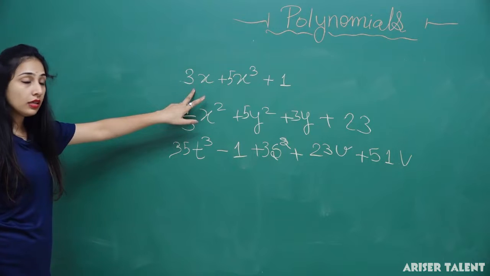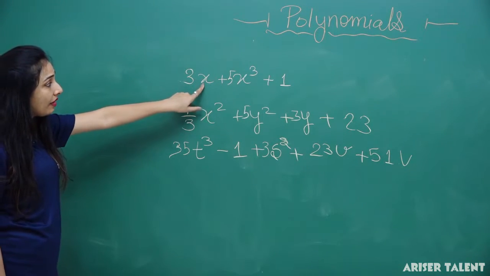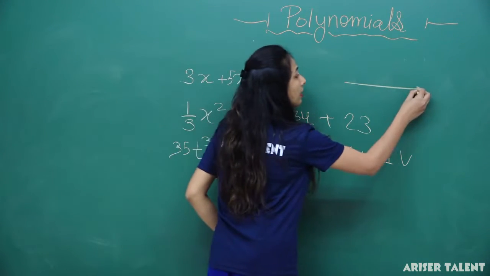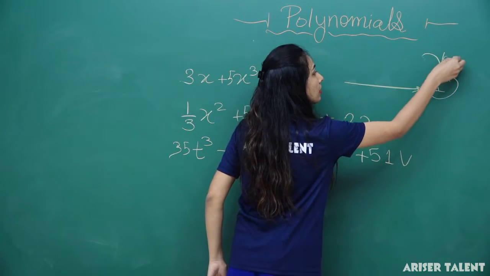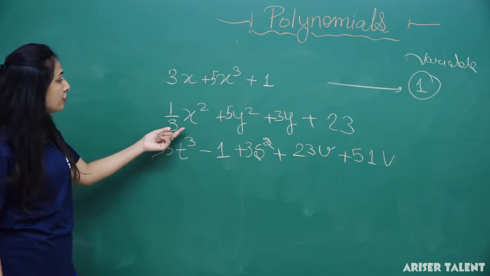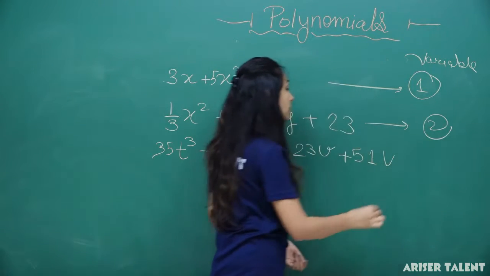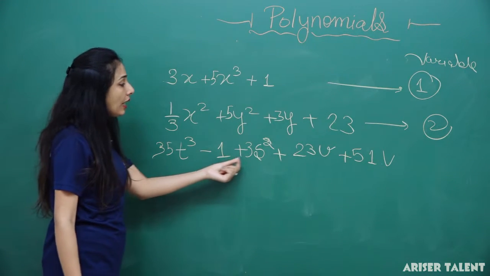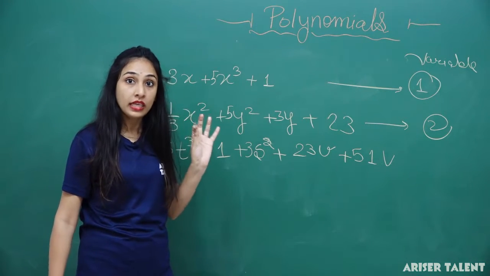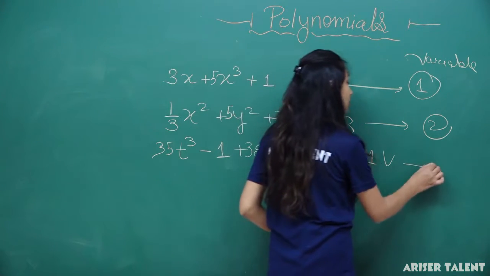Now there is a difference you are seeing in this. In that particular algebraic expression of polynomial, I am having this x as variable. So my variable is only 1 here. In the second, I am having 2 variables. In the third equation, I am having this t, s, u and v, and I am telling you all these are variables. So I am having 1, 2, 3, 4 variables.